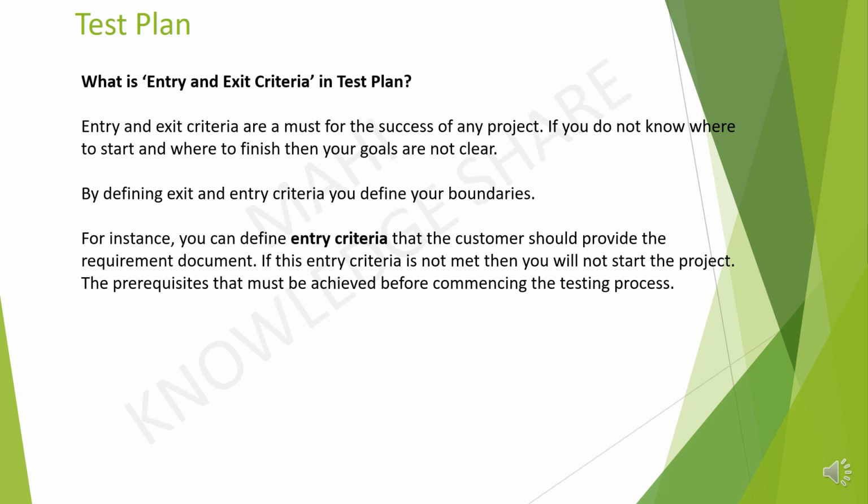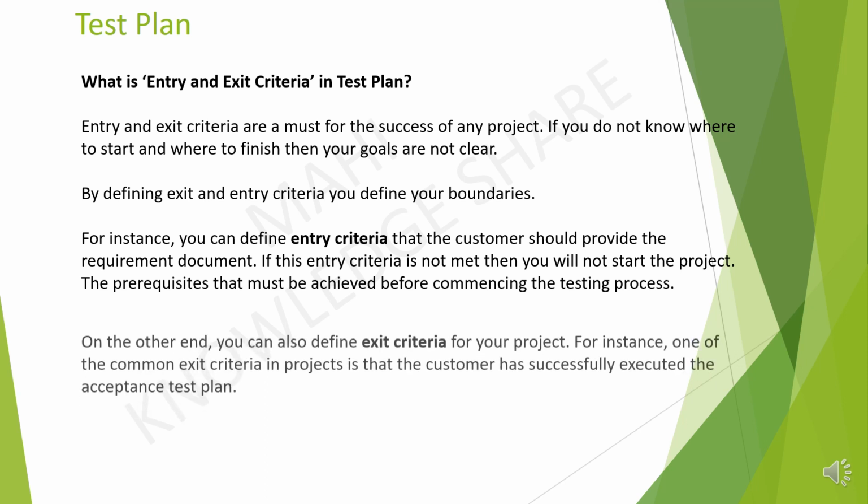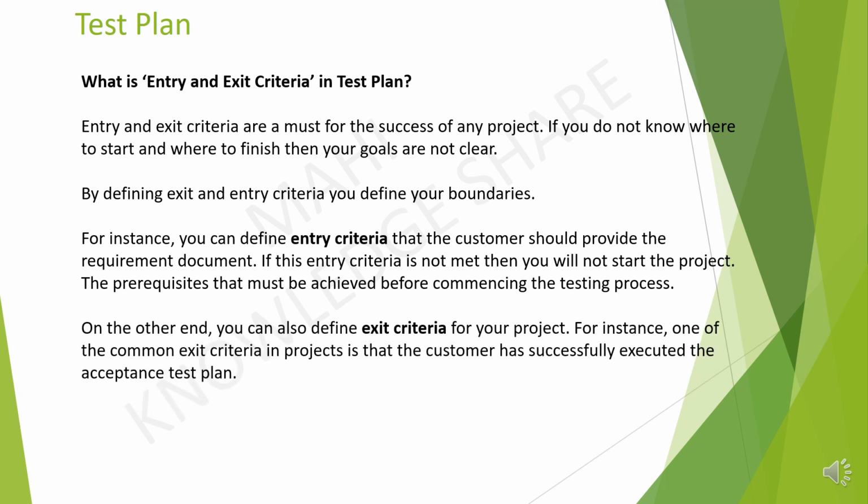If this entry criteria is not met, then you will not start the project. These are the prerequisites that must be achieved before commencing the testing process. On the other hand, you can also define exit criteria for your project. For instance, one of the common exit criteria in a project is that the customer has successfully executed the acceptance test plan.